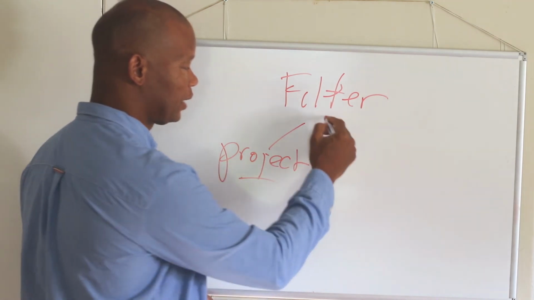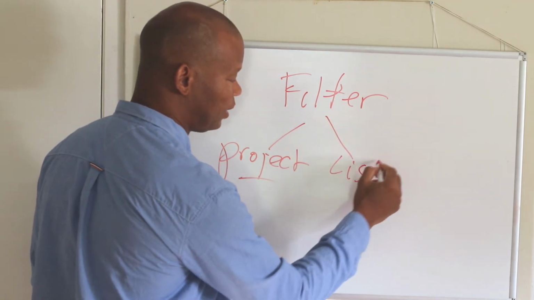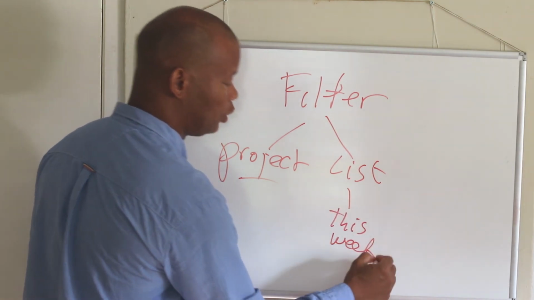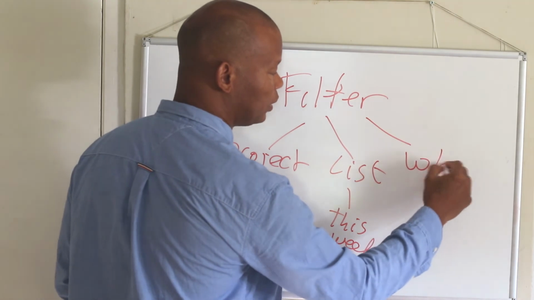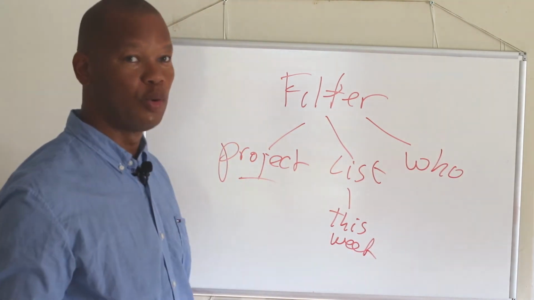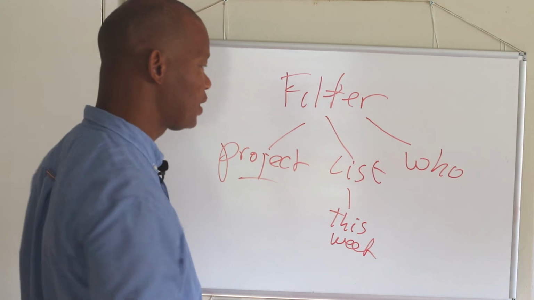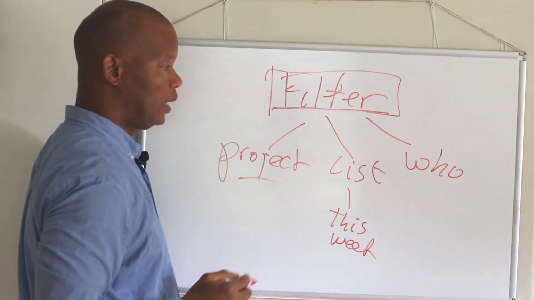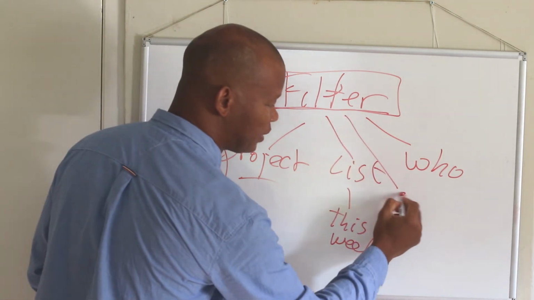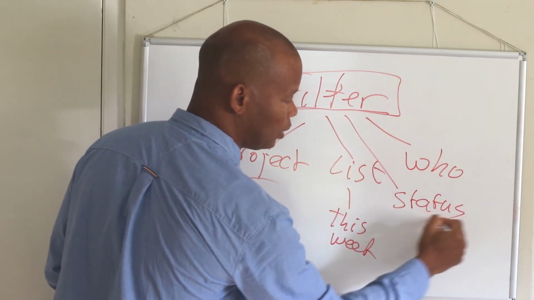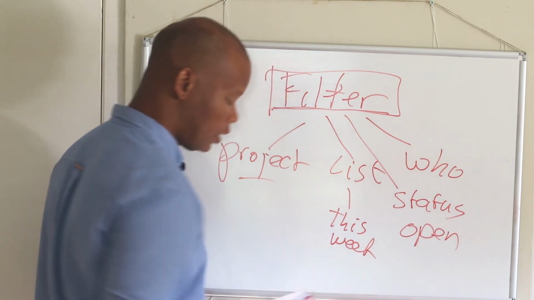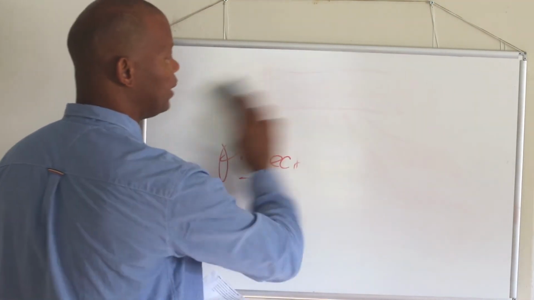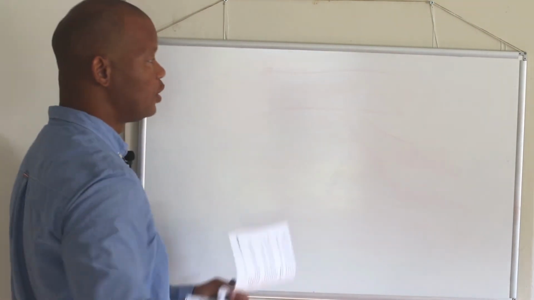You filter on the project, you filter on the list, and you filter this week. You filter on who, the person, so that you know exactly who is responsible for the task. And you can also filter on the status, open tasks.